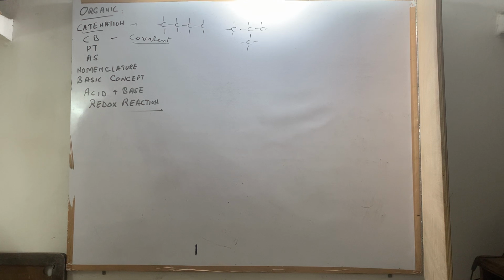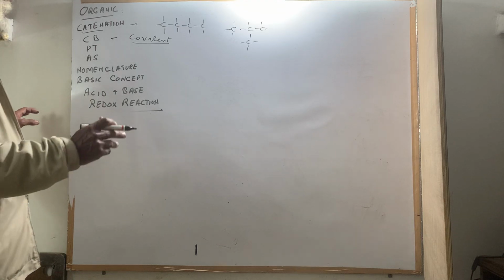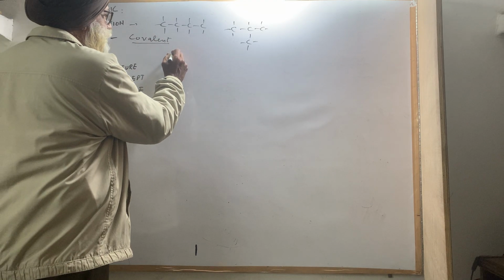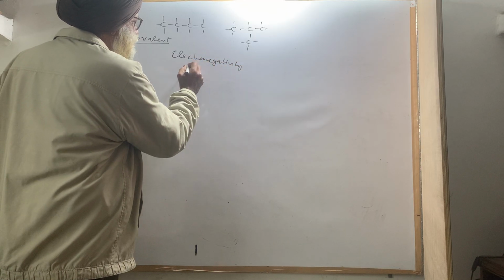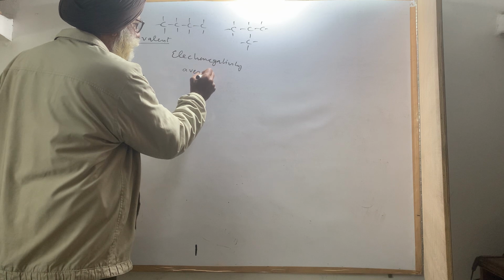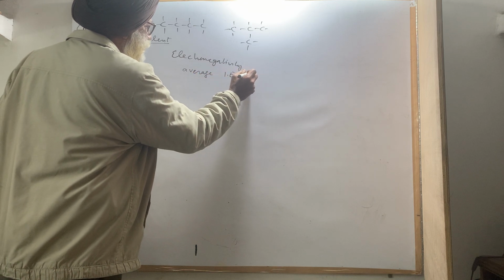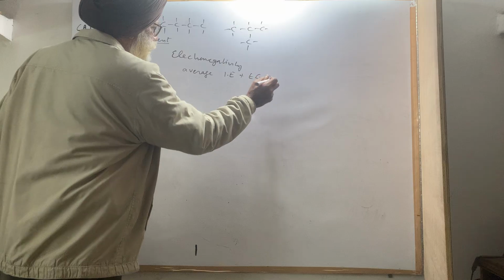In the periodic table, we have groups and periods. Horizontal rows are known as periods, vertical columns are known as groups. As we move from left to right, the ionization enthalpy and electron gain enthalpy increase, and as we move downward, these properties decrease. Electronegativity is simply the average of ionization enthalpy and electron gain enthalpy.